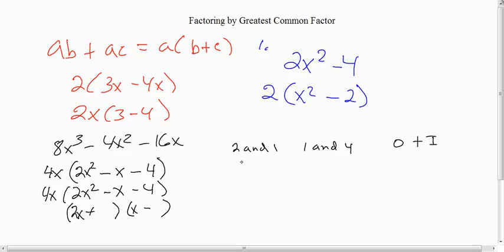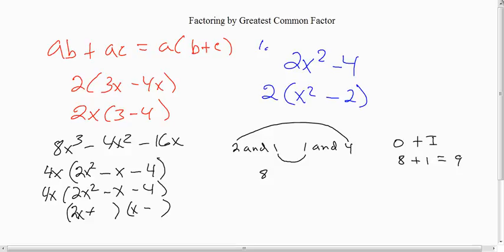We have 2 and 1, so we go 2 times 4 and 1 times 1. 2 times 4 is 8, and 8 plus 1 is too much. That gives us 9.